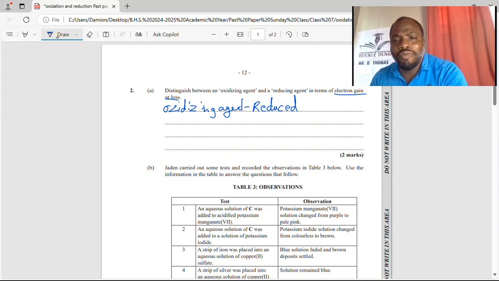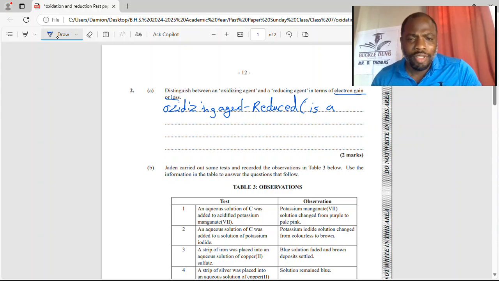And from here we know that reduction is a gain of electrons. Beautiful. Remember, I like to do it like church, when the pastor says, and so God so loved the world, and the congregation would finish.